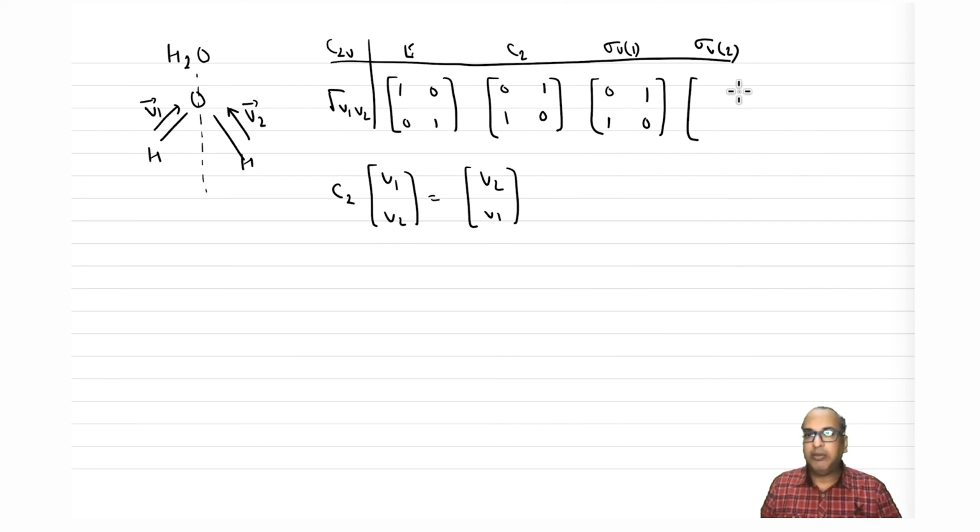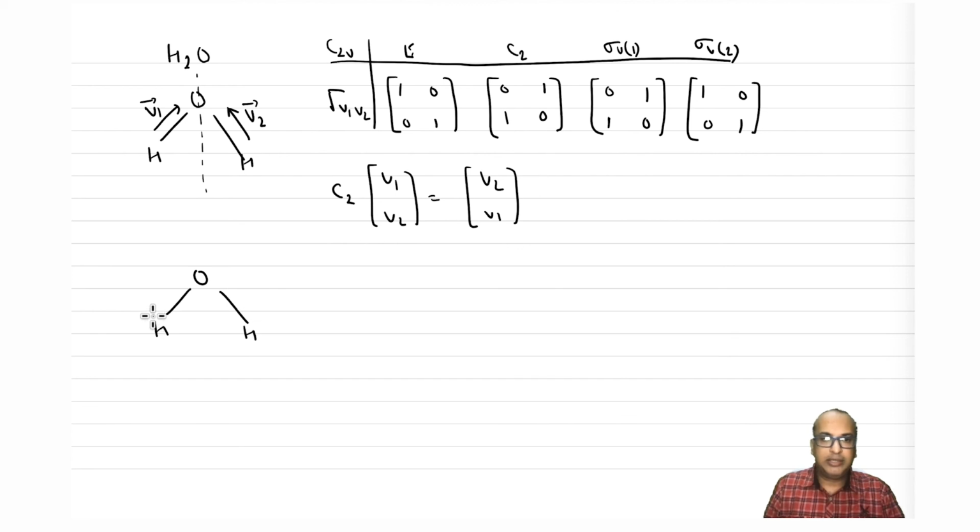So basically it will be like identity here, so we can say 1 0 0 1, right? So this is another representation for the same molecule but in two-dimensional space, where the space is defined by the basis vectors V1 V2.